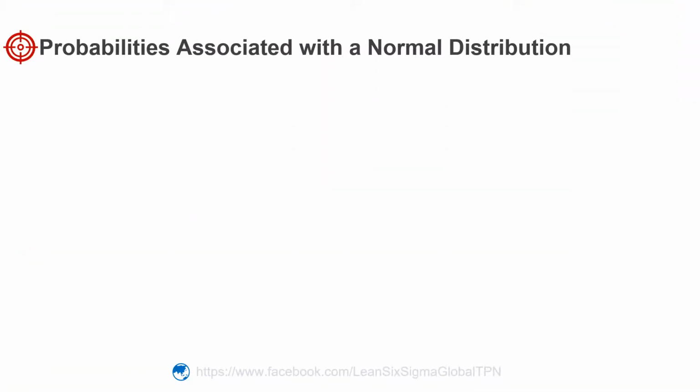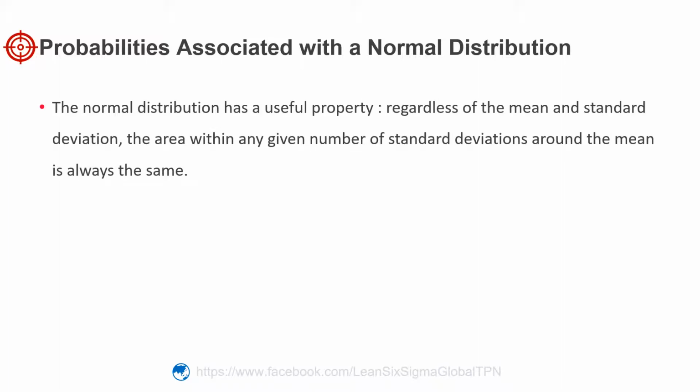Let's review. The normal distribution has a useful property regardless of the mean and standard deviation. The area within any given number of standard deviations around the mean is always the same. For example, for every normal distribution, 68.26% of the distribution is contained within one standard deviation of the mean.